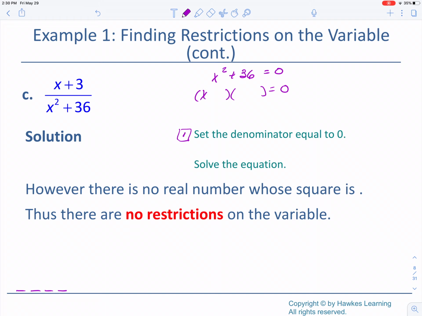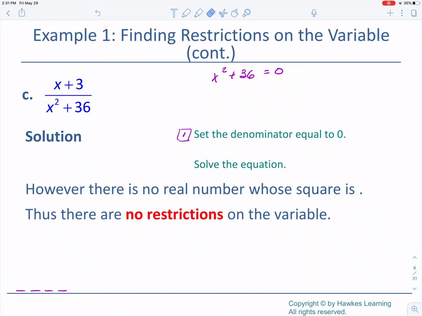If I put a -6 and -6, that would give me the +36 on the end, but it also gives me a -12x in the middle when I combine those like terms. If I make them both +6, the same thing happens. I end up with a +12x in the center, which the original equation didn't have.